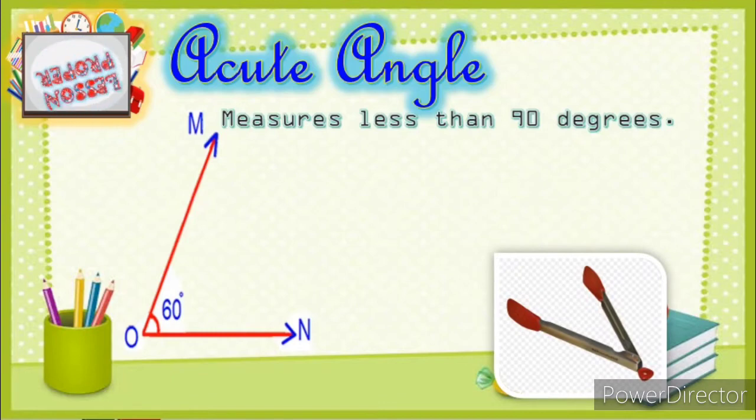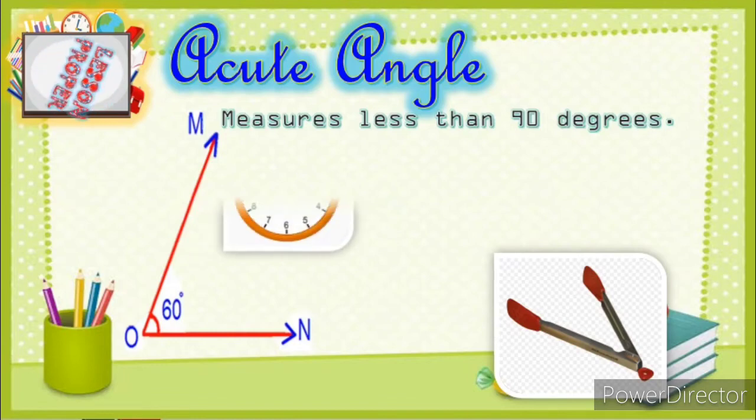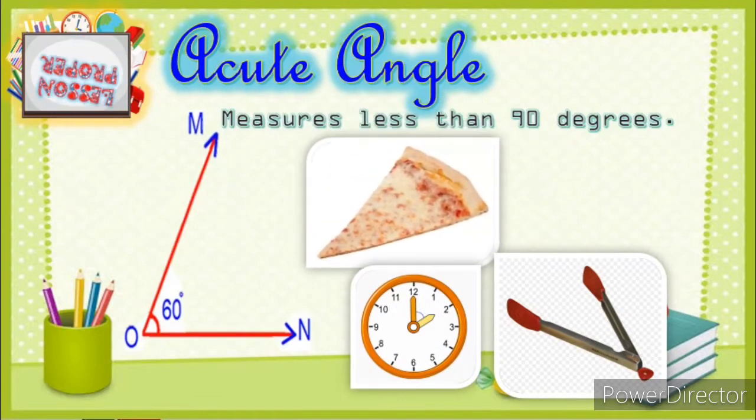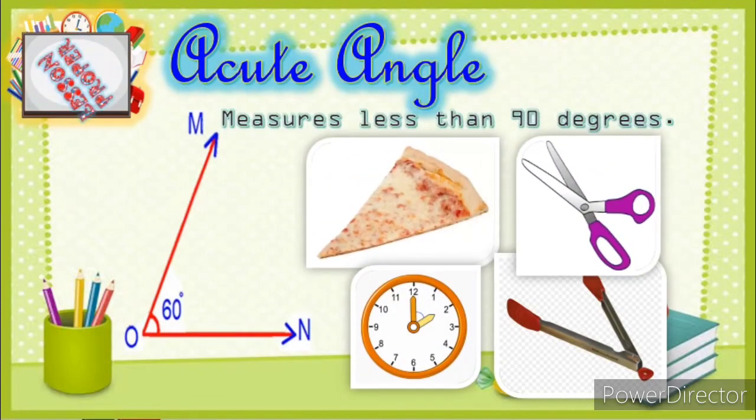Based on the figure, it has 60 degrees. Is 60 degrees less than 90 degrees? Very good. Therefore, 60 degrees is an acute angle. Kindly observe the pictures. These are all examples of acute angle.